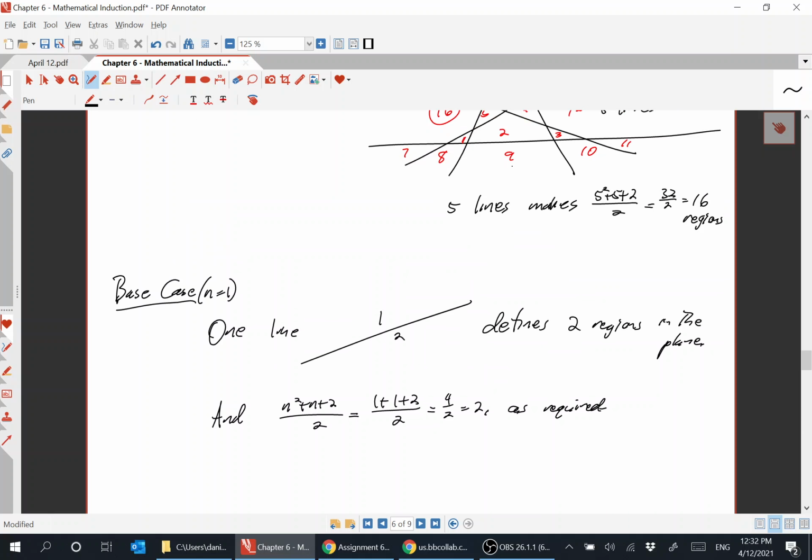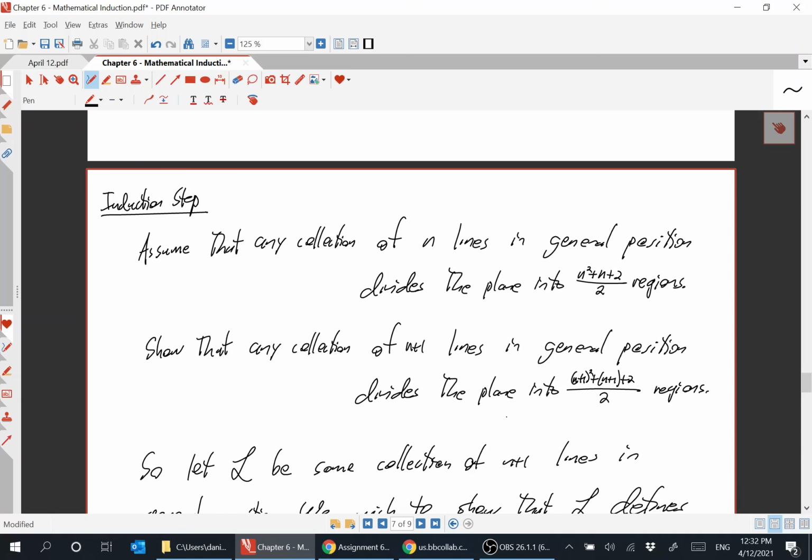Right, which is if you plug 5 into that polynomial. 5 squared plus 5 plus 2 over 2 is 16. So the base case, one line gives you 2 regions, obviously. And this polynomial with n equal to 1 gives you 2. So that's what you wanted.